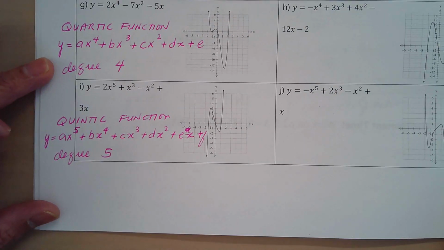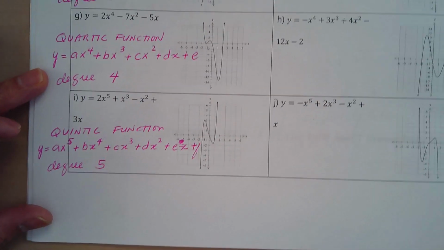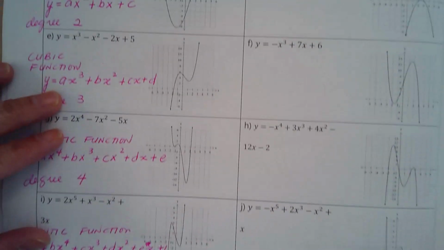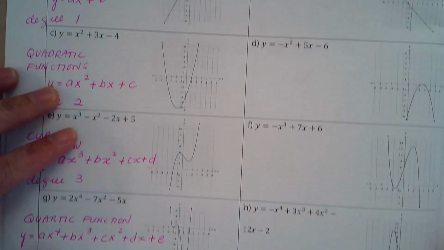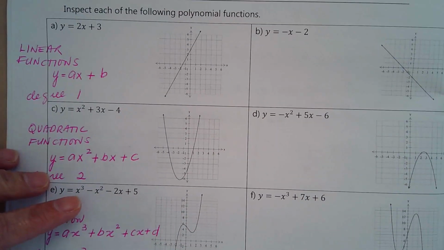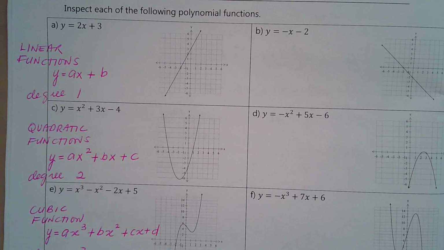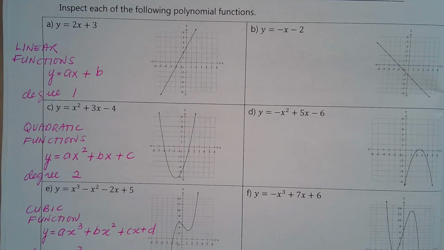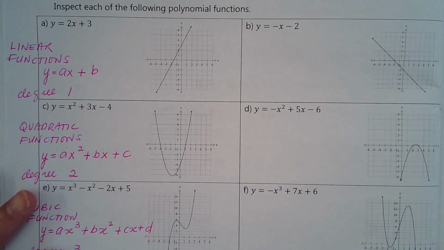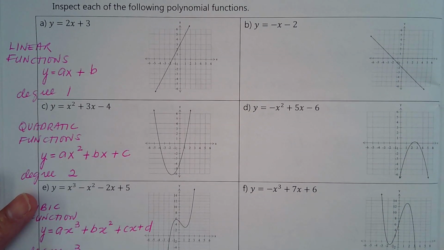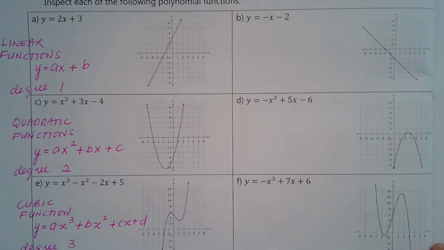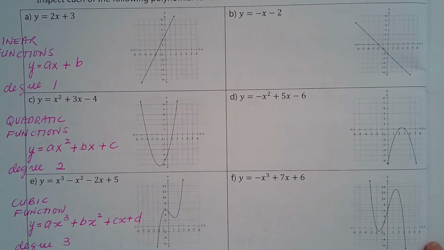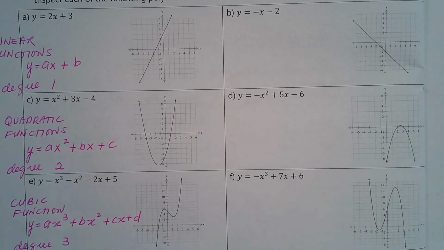Okay, so what we're supposed to do is generalize, see what each should look like. So when somebody says a quadratic function, you already kind of have a picture. Oh, okay, it has to be like this, right? If I say it's going to be a cubic function, it should give you a mental picture of what a cubic function looks like.